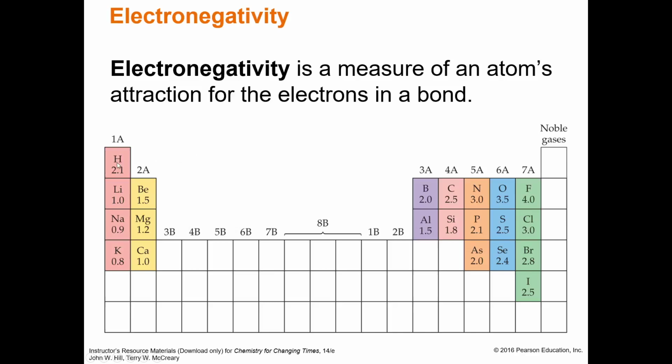So hydrogen right here, your biggest steps in electronegativity are going to be going up and down the periodic table. So you see that these are usually whole unit differences when you're going up and down. Keep in mind these differences get smaller as you go further down the periodic table because the number gets smaller.